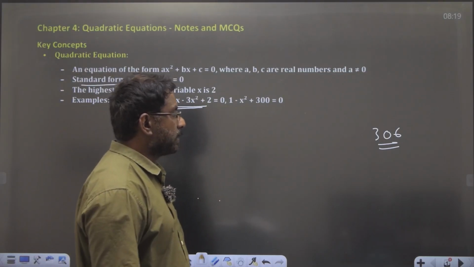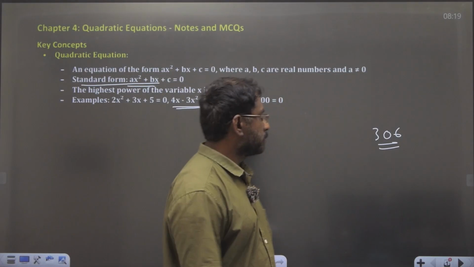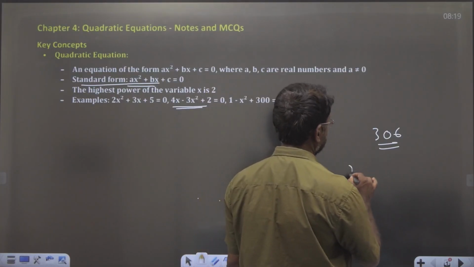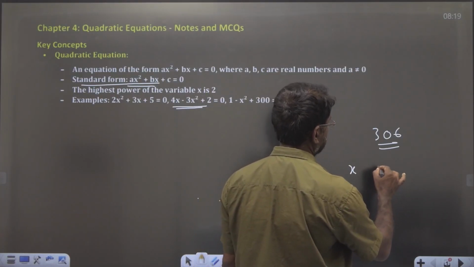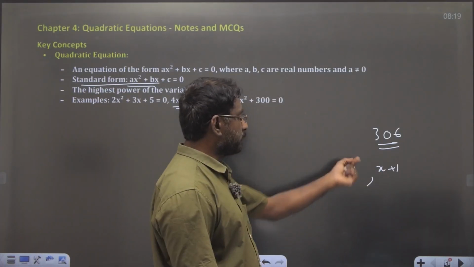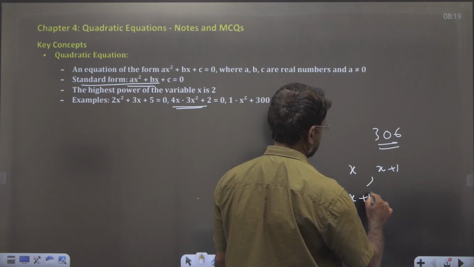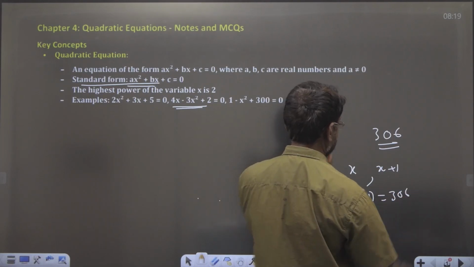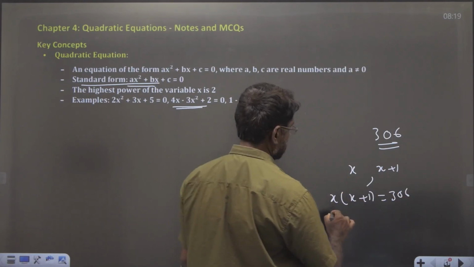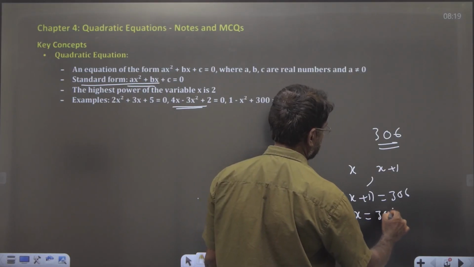So here it is given that the product of two consecutive integers. We can take one integer as x, then the other will be automatically x plus 1. Product of these consecutive integers means x into x plus 1, that is 306. That is x square plus x equal to 306.